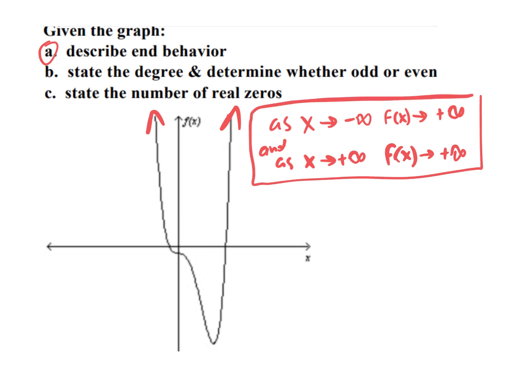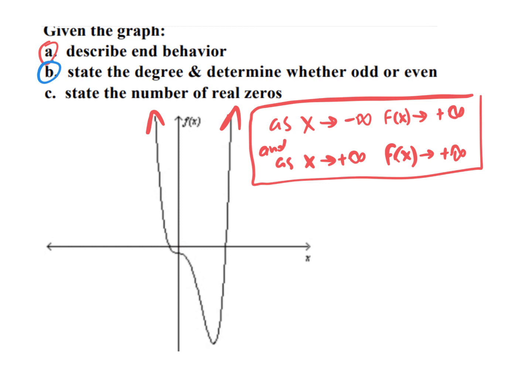That's the end behavior. Part B, it says state the degree. Okay, what is the degree? Well, it's the number of directions that it goes in, right? So it's going in one direction, and then that degree would be at least 4, okay?